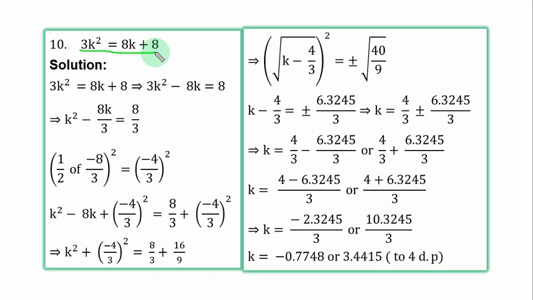For us to apply this method, the constant term always stands alone, that is plus 8 now. To achieve that, let us move plus 8k to the left hand side. So you have 3k² - 8k = 8.